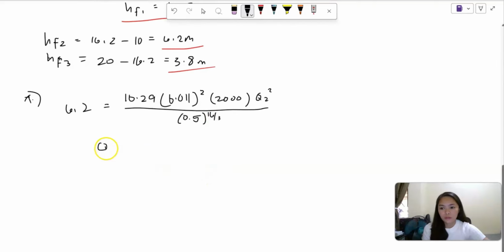So Q sub 2 now is equal to 0.249 cubic meters per second, which is also the Q sub B.